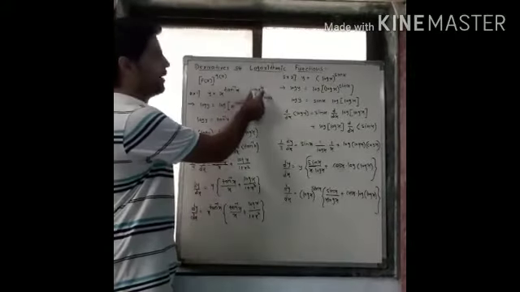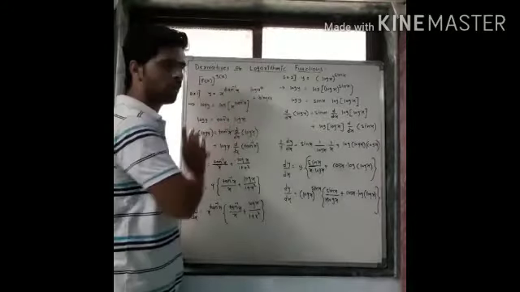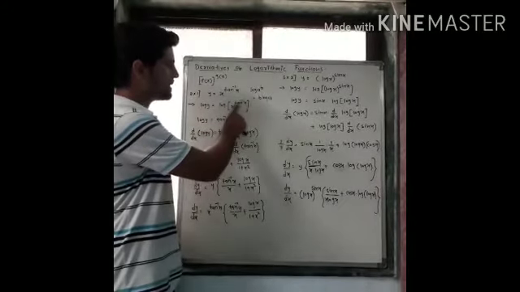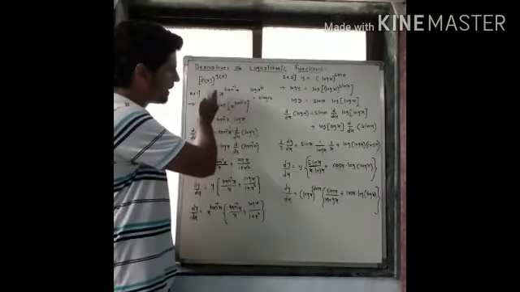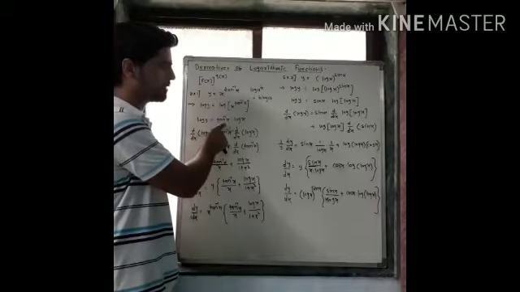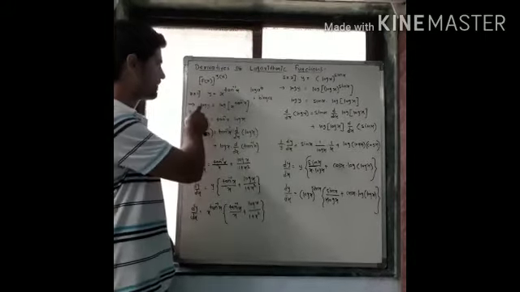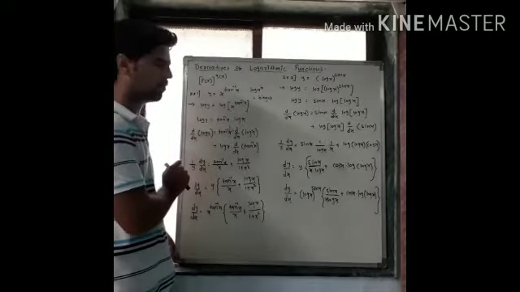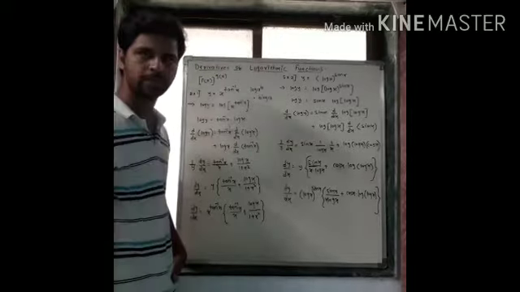Now if you apply this log a to the power b rule, this b we write before the log. So our b is nothing but tan inverse x. So this tan inverse x we can write before log, so it becomes tan inverse x, and here we are left with log x, right? And the left side is log y as it is. So your function looks like log y equal to tan inverse x into log x, right?